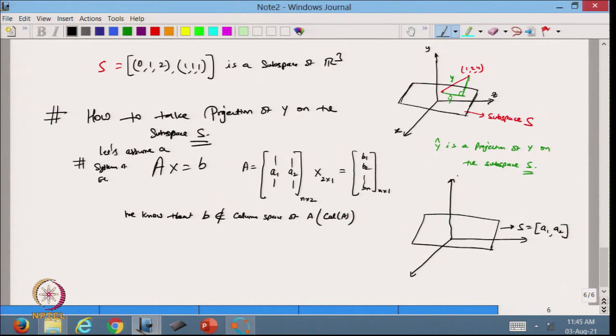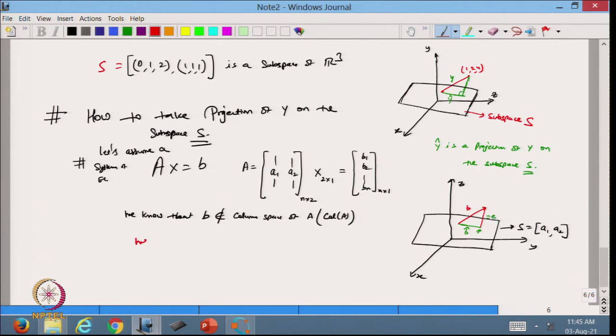We have a vector lying here, this is my vector b, and I take its projection here and I get this vector. This is my projection vector. I call it p, and this is basically b hat, the new projection vector. This is what I want to find, and I know that this part is equal to the error.